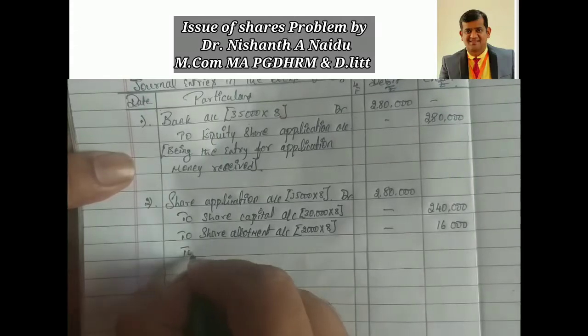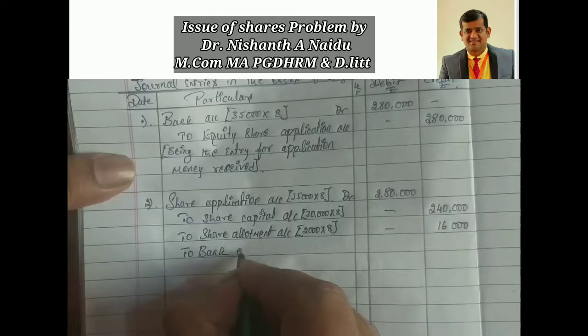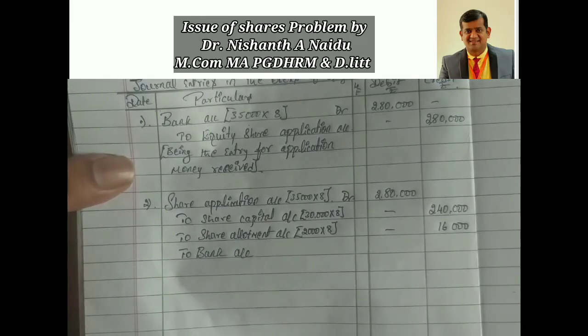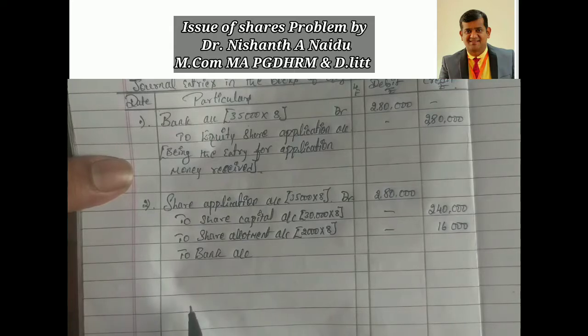Next, 2. Bank account. See, any rejected or any refunded amount should be reflected in the bank account.